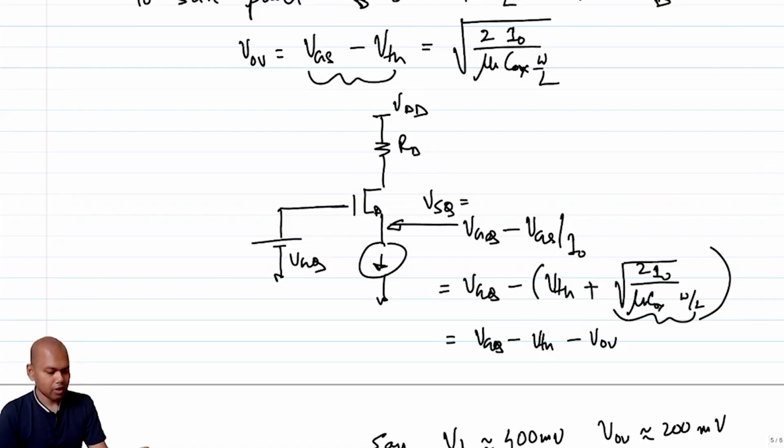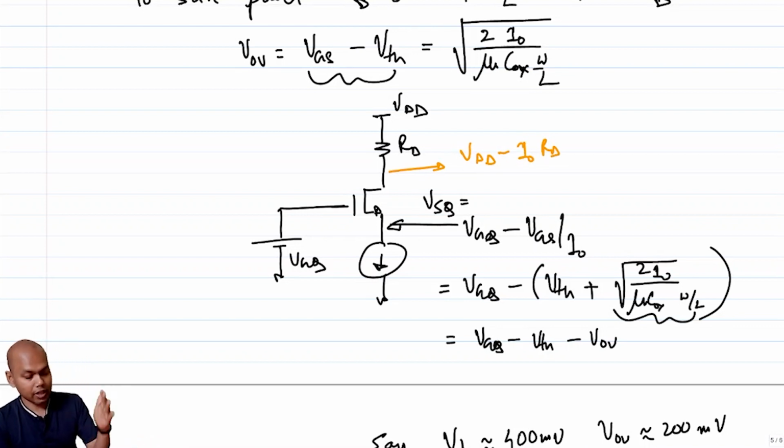Clearly, if I have a supply voltage VDD and the current that is getting pushed through RD is I naught, then this voltage is VDD minus I naught times RD. This voltage cannot drop too much, because if it drops below one threshold voltage under VGQ, then you are going to land up in the triode region, right?